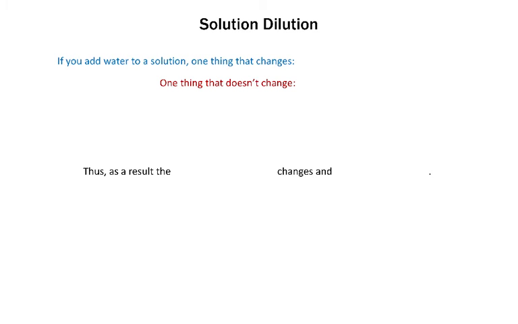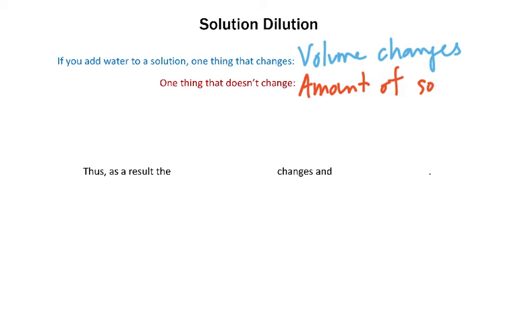And if you add water to a solution, one thing that does change is the volume, right? Volume changes, as we just said in the last slide. One thing that does not change is the amount of solute. All we're doing is adding water.